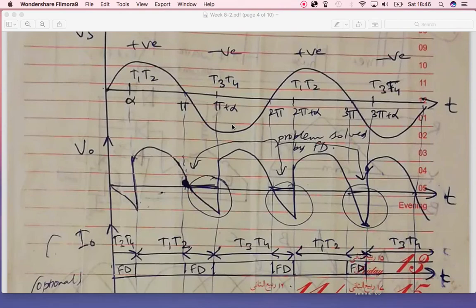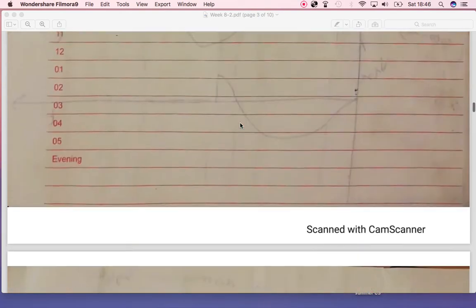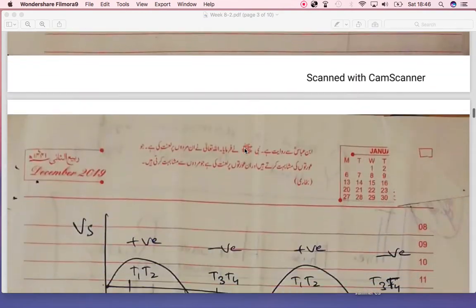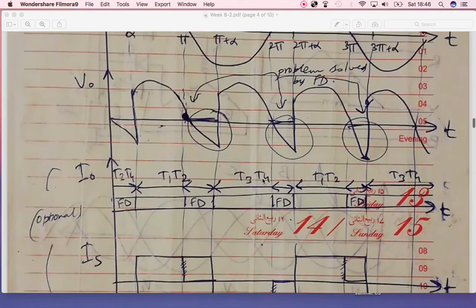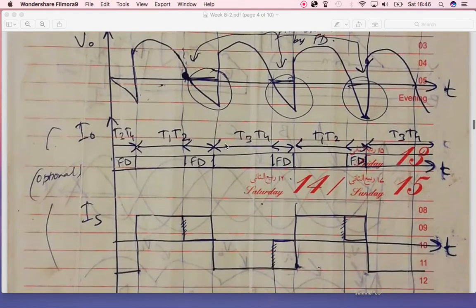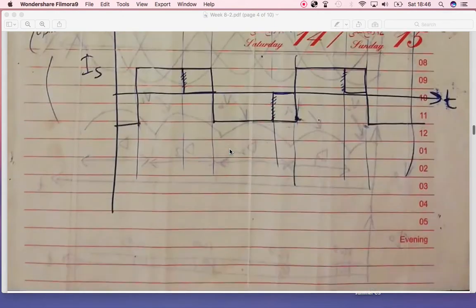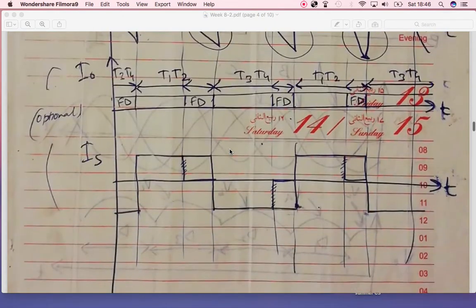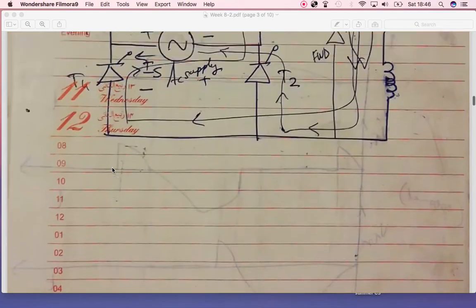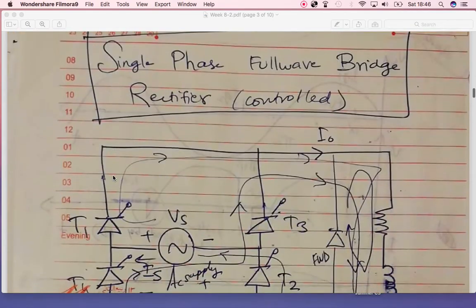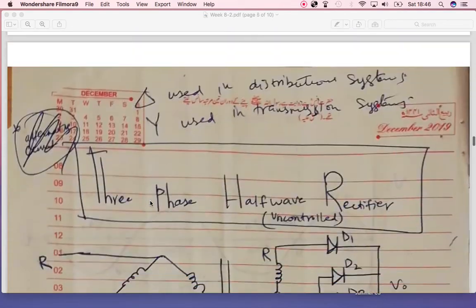And during the negative half cycle there will be a kind of firing angle, and then a reverse spike which will be controlled by the freewheeling diode. And we have some current waveforms, which are optional waveforms. This is a waveform which is giving us a better understanding of what is going on in this circuit of the single phase full bridge rectifier, which is a controlled rectifier.